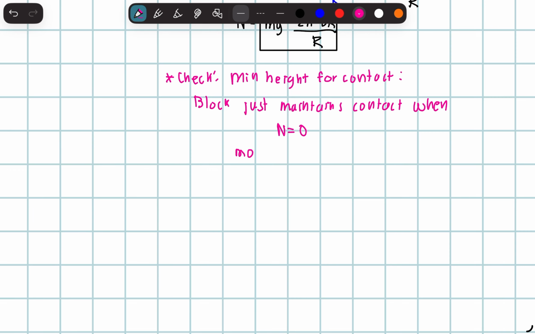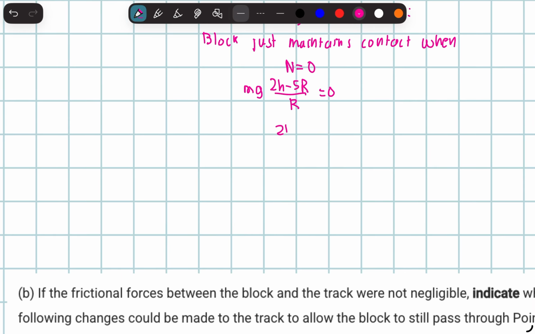So that means you can set mg(2h minus 5r) divided by r equal to 0. Then you have 2h minus 5r is equal to 0, and then h is going to equal 5r over 2. And that's right.